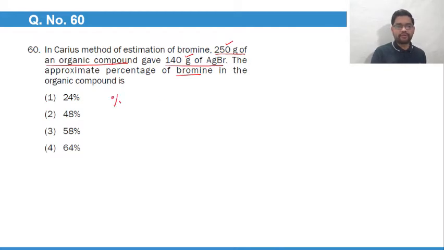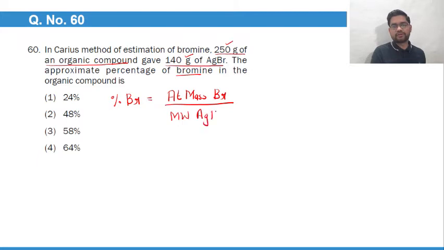So to calculate percentage of bromine, the formula is, you need to take atomic mass of bromine, whole divided by molecular weight of AgBr, into weight of AgBr, whole divided by weight of organic compound, into 100.